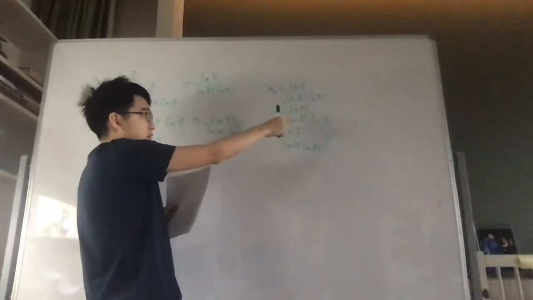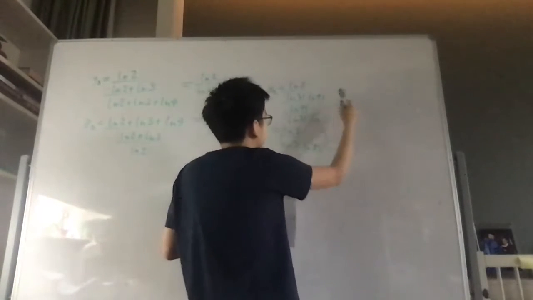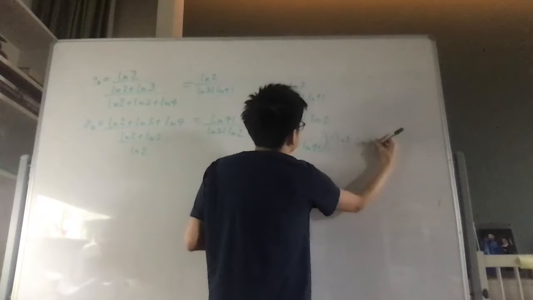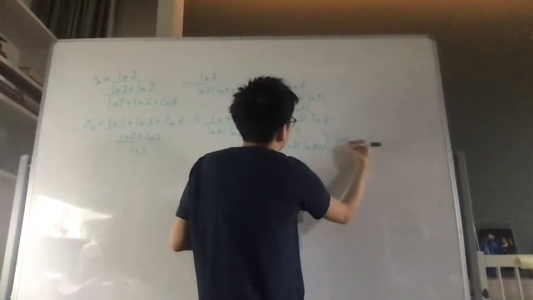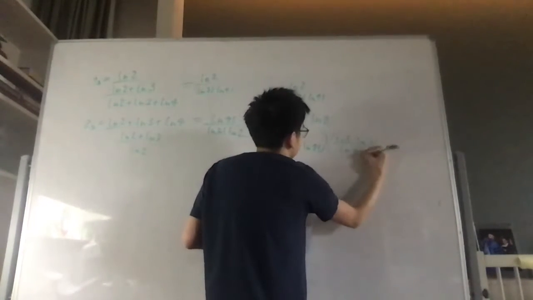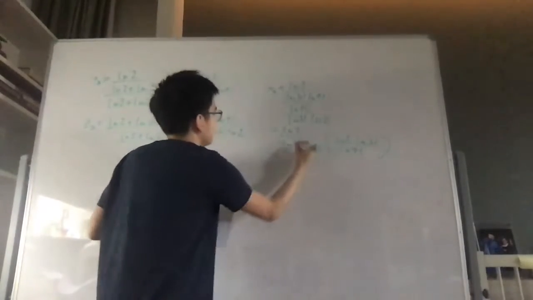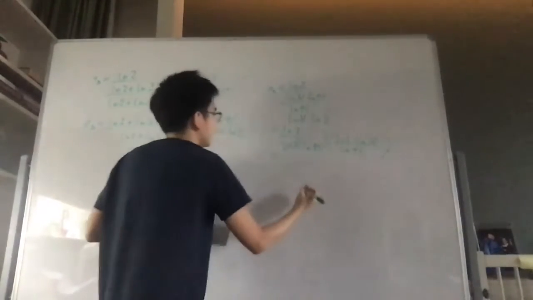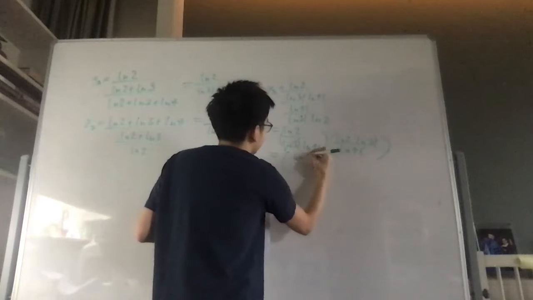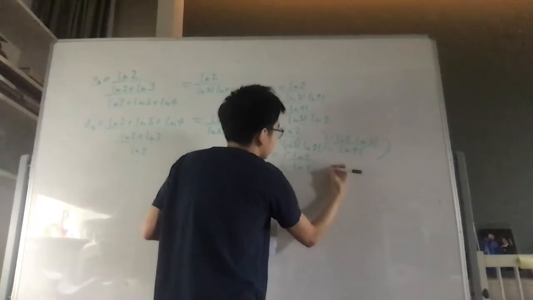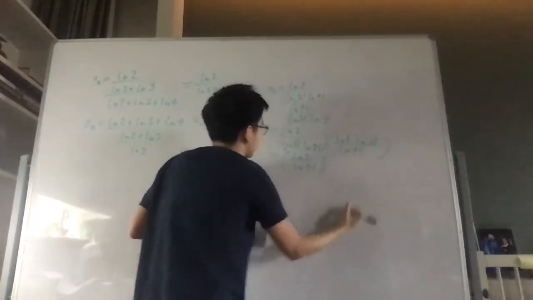Okay, let me make sure I'm thinking about this correctly. I get the ln 2, flip it up to the top here, ln of 2, then ln of 3 factorial, and then divide by ln of 4 factorial. The ln of 3 factorials cancel. So I'm getting ln of 2 over ln of 4 factorial squared.